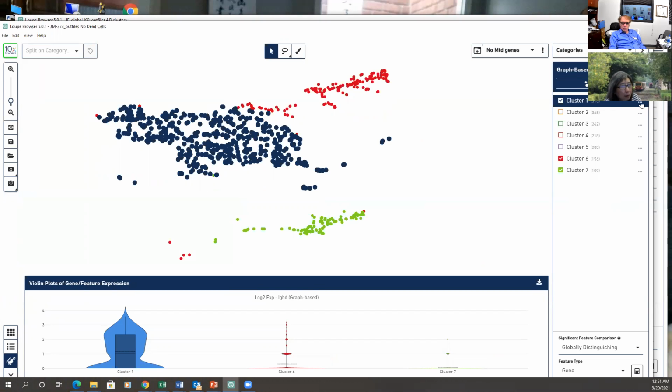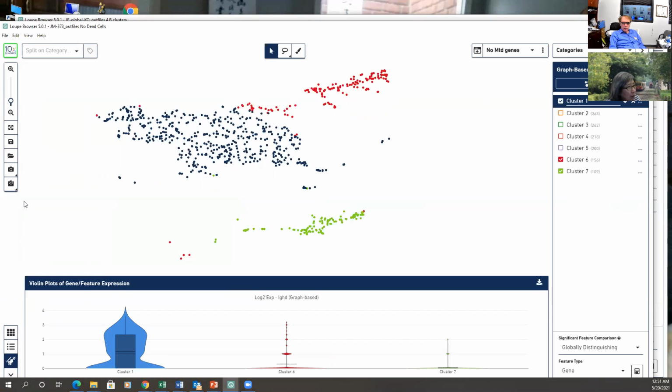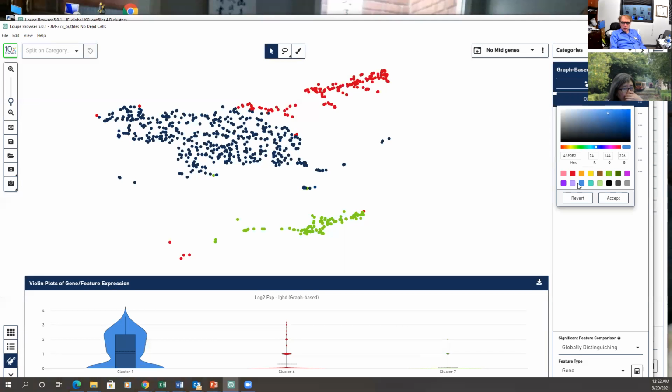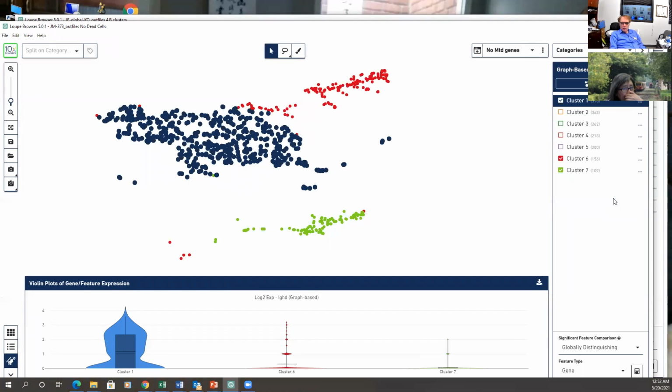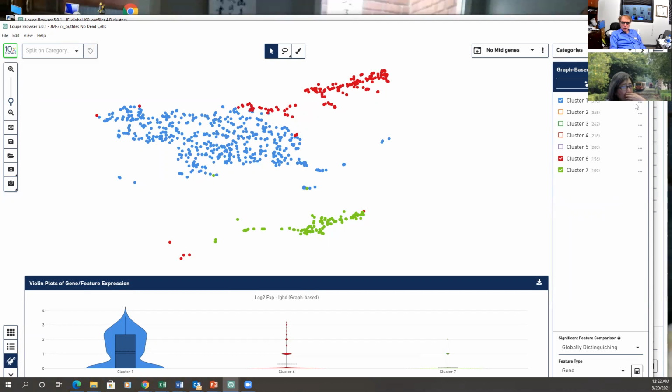Oh, what happened? Oh, you edited the dots. But you edited the color. I know, I just kind of, oh. So, color. Oh, why is it doing that now? There.